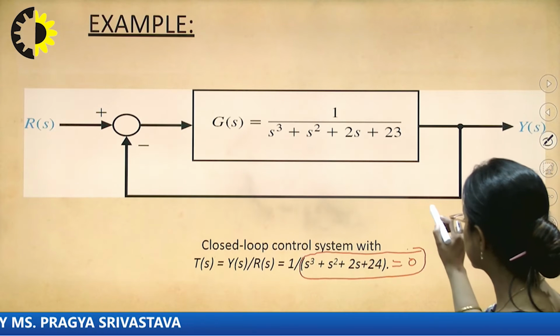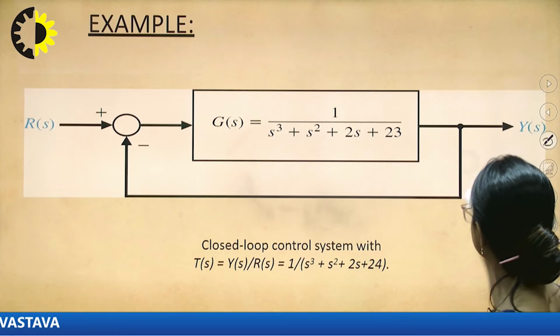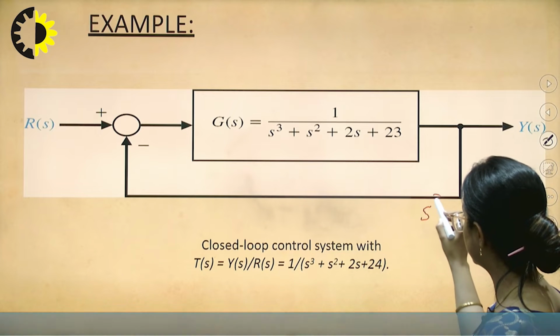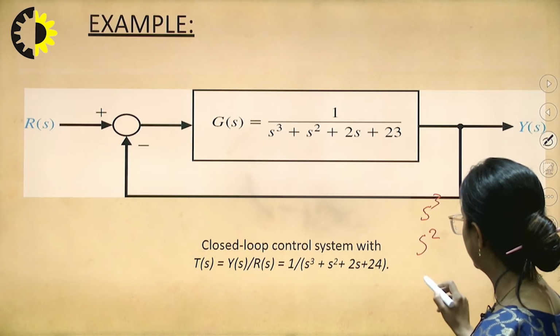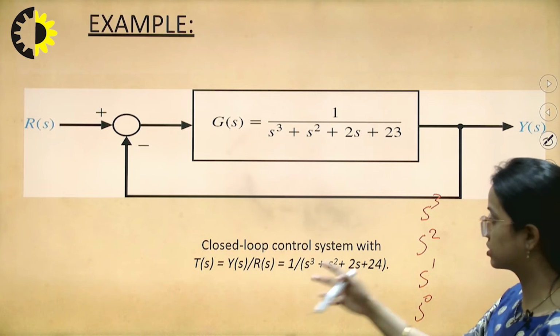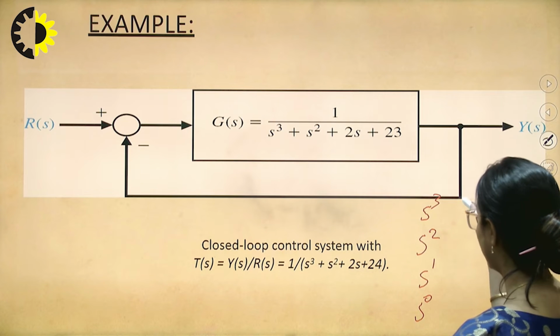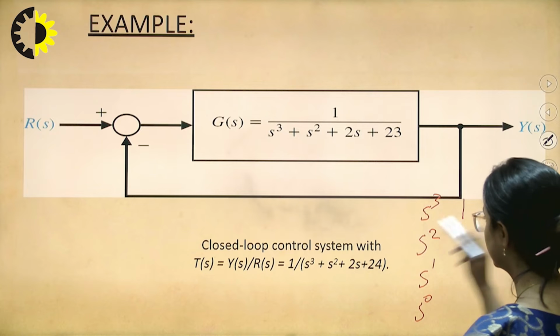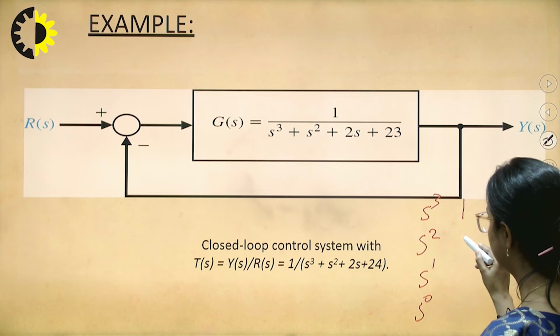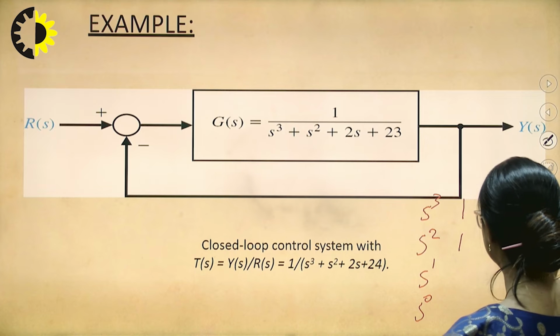So let's start. s raised to the power 3, s raised to the power 2, s raised to the power 1, then s raised to the power 0. So since 3 is odd, we will write the coefficients of all the odd. Odd is 1 and 2. Even will be 1 and 24.